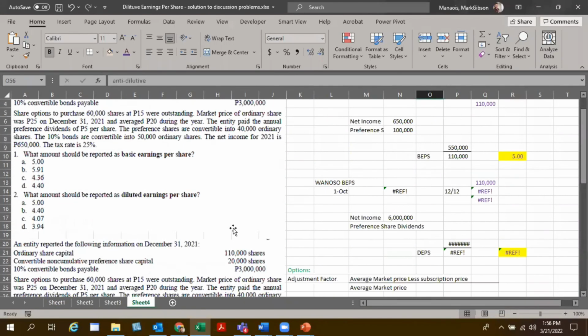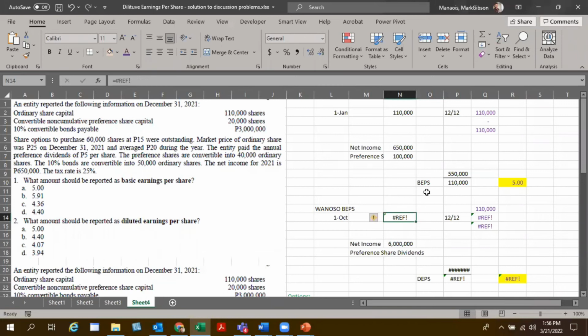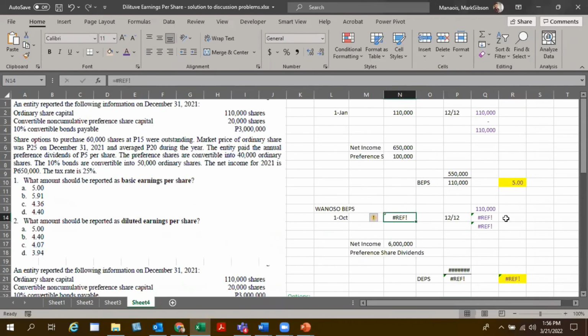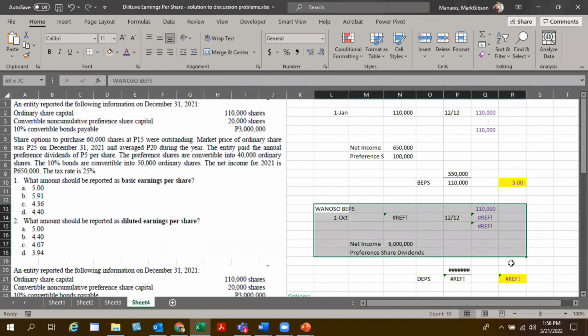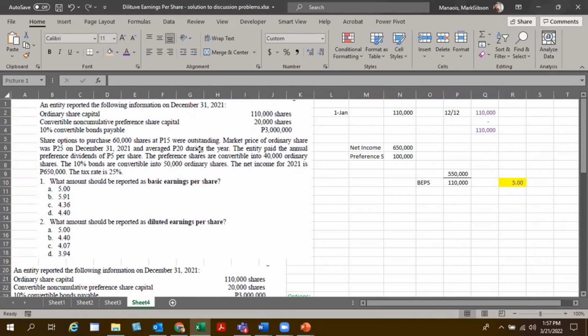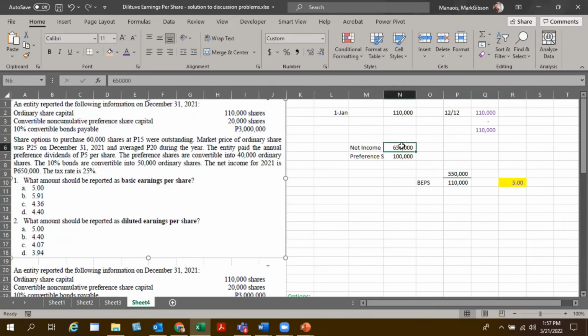Problem number 4, let's compute for the basic earnings per share muna. So, net income, na-establish natin yan. That's given 650,000. Preference share, also provided, that's 20,000 shares multiplied by 5.